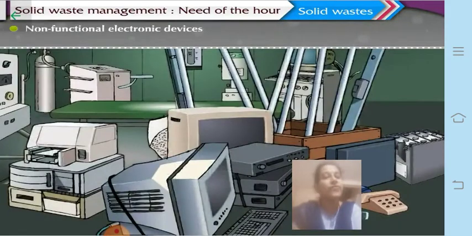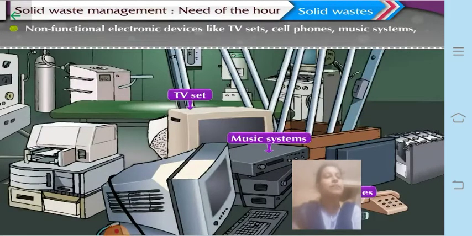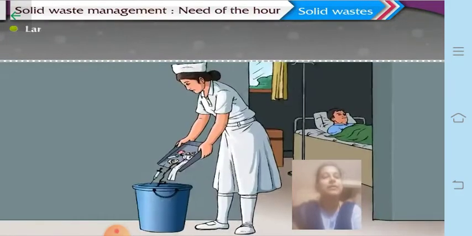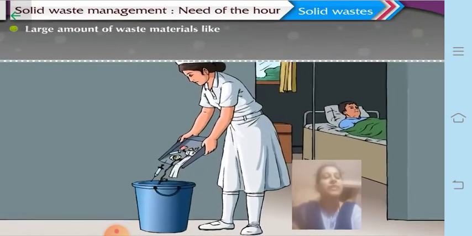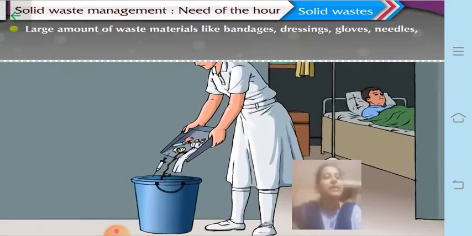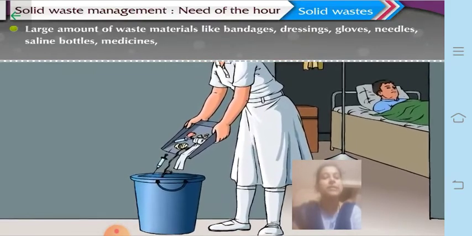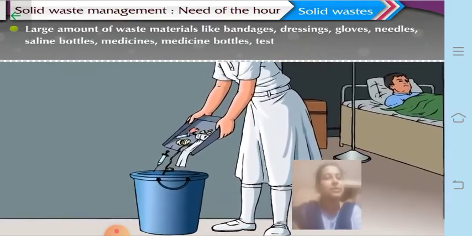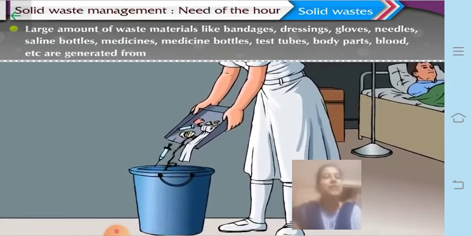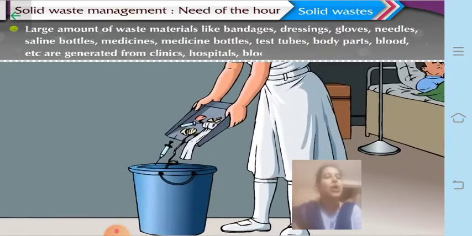Then non-functional electronic devices like TV sets, cell phones, music systems, computers and their parts, etc. are electronic wastes. Then a large amount of waste materials like bandages, dressings, gloves, needles, saline bottles, medicines, medicine bottles, test tubes, body parts, blood, etc. are generated from clinics, hospitals, blood banks and laboratories.